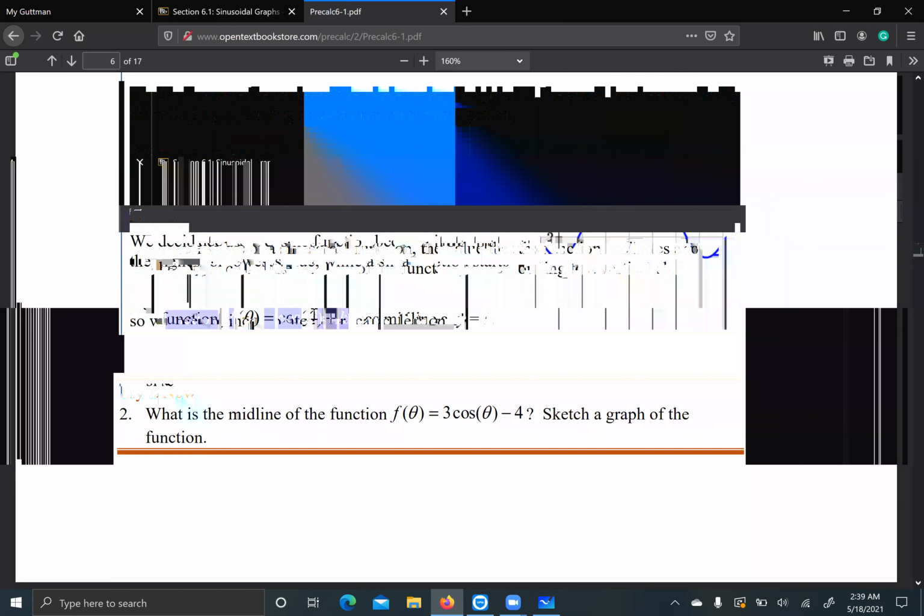Another definition is midline, the center value of a sinusoidal function. The value that the function oscillates above and below is called the midline of the function. For a function like f equals cosine plus k, the midline is at k.